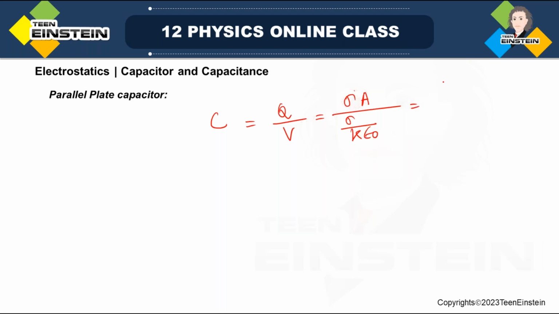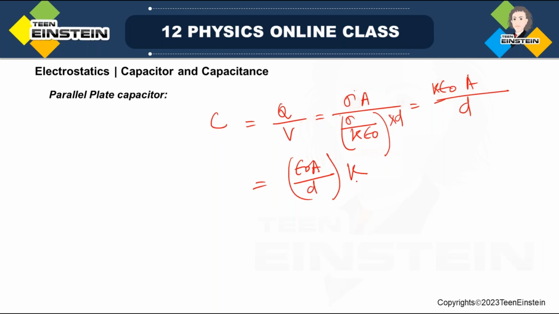So this will be epsilon 0 A, obviously with D here, since this is electric field into D. That is K epsilon 0 into A by D. That means this is epsilon 0 A by D into K. This is C0, when we measure the capacitance in air.